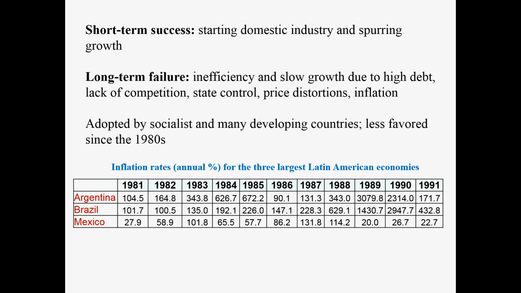They suffered tremendously high inflation as a result of adopting this development strategy.